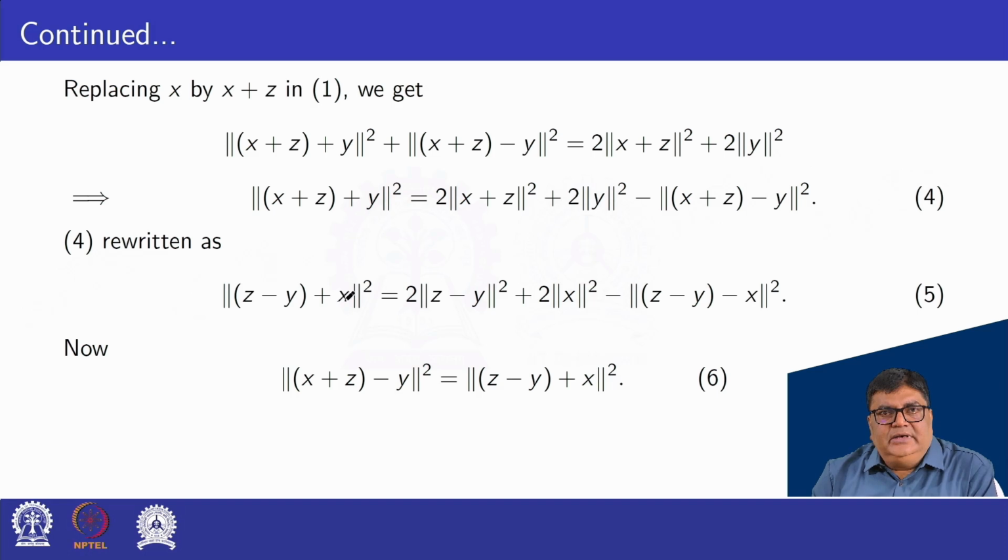And here the second term x. So we can write the second term of the right hand side of 4. This is 2 into norm of x square and minus here norm of x plus z minus y square. So here we can write this as z minus y minus x. This can be written as minus norm of z minus y minus x square. This is equation 5.